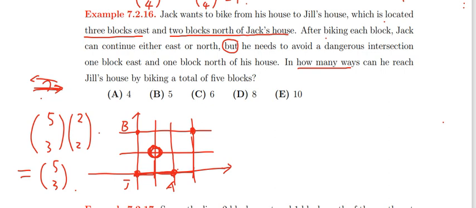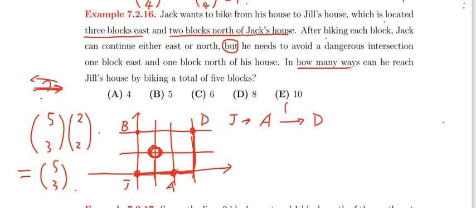From J to A, one way, right? Then say this is the destination. From A to D, how many ways? Here we have one for east, two for north, right? Two north, one east. So we need 3 steps.